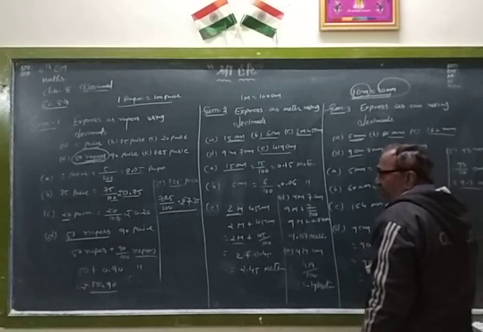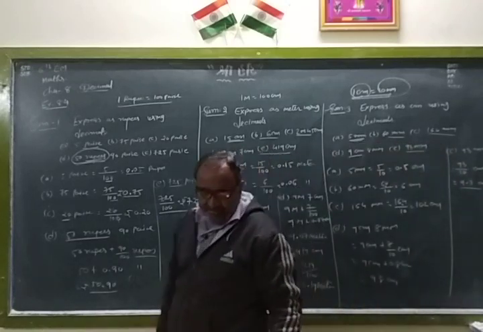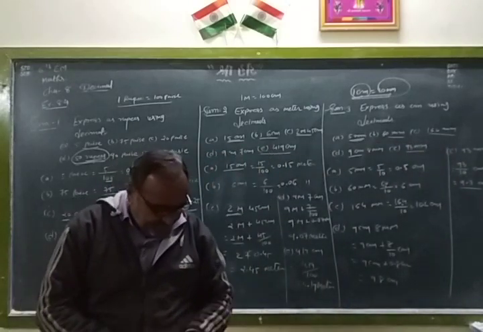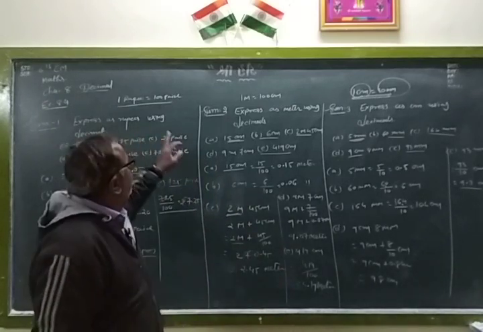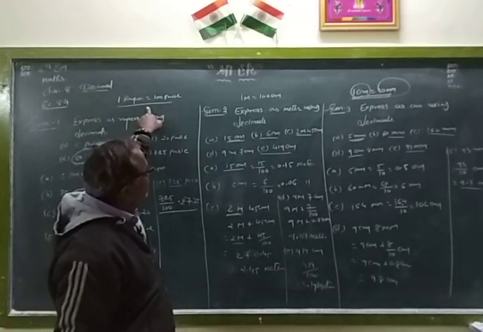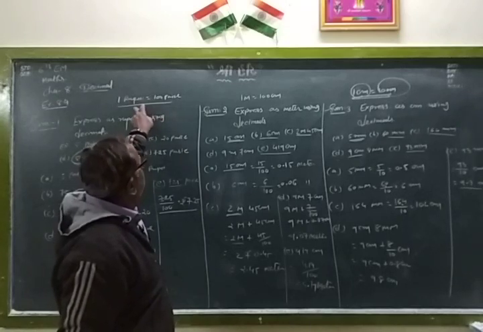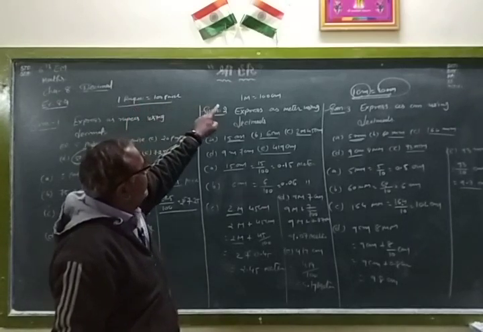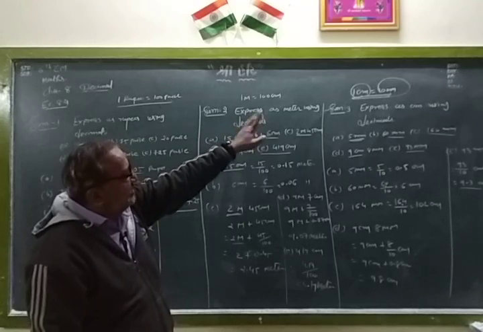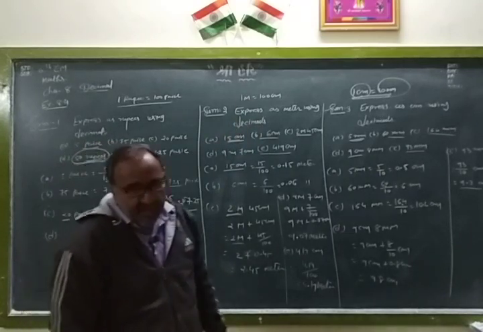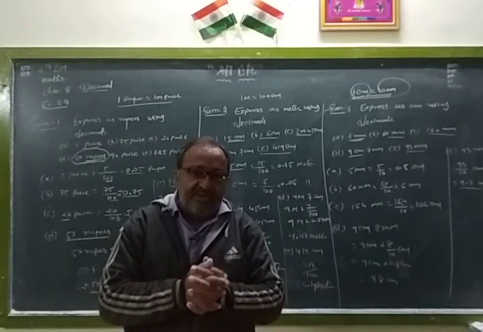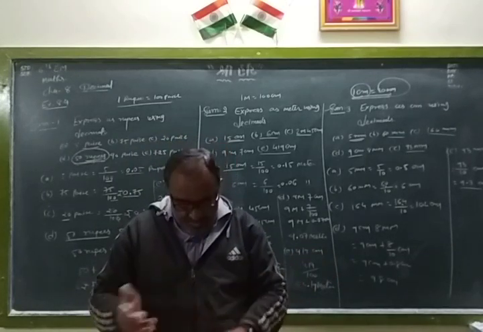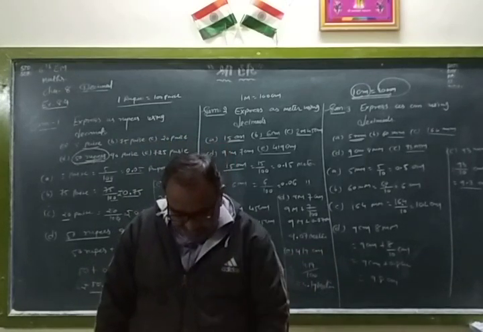So friends, how do we convert one unit into another unit? We convert one unit into another because we must remember the relation between two units. Here rupees, then 100 paise; meter, then 100 centimeter; centimeter, then 10 mm. Like 1 kilogram is equal to 1000 gram and 1 kilometer is equal to 1000 meter.